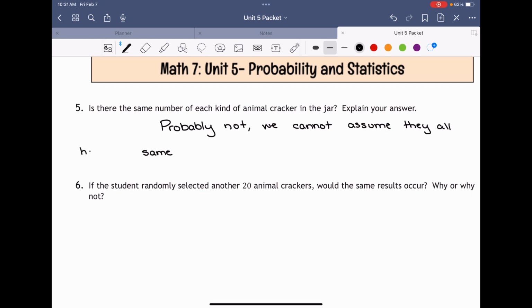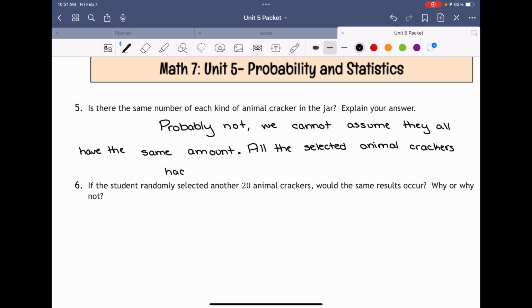Oops, I forgot some words. Have the same amount. And all of our randomly selected crackers have differing numbers. All the selected animal crackers had differing amounts.